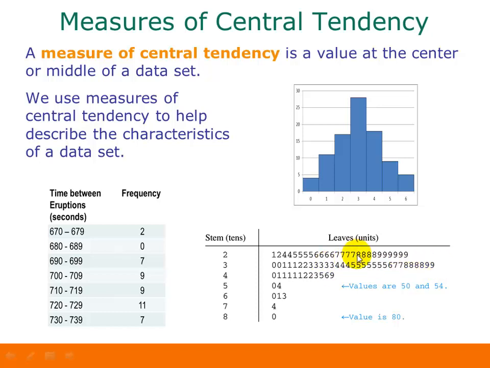So we've got a lot of the data here between 20 and 39. After that, it starts to decrease pretty sharply. So again, we could make a guess that the center of this data set is somewhere in this area, say approximately 30.